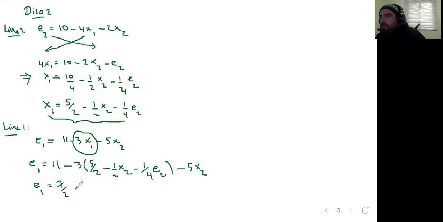Now for the x2s, I have minus 5 and I have a plus 3 over 2. So it's going to be minus 7 over 2 also. You can do the math at the same time with me, guys, if you wish. Sometimes I go quite fast, but with a lot of risk of mistakes. And the minus 3 multiplying the minus 1 over 4 gives plus 3 over 4.